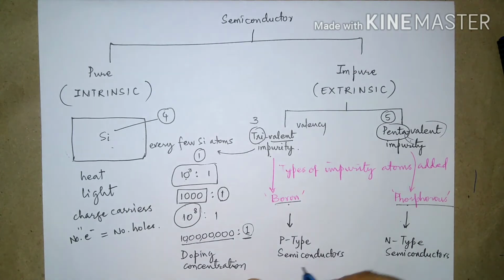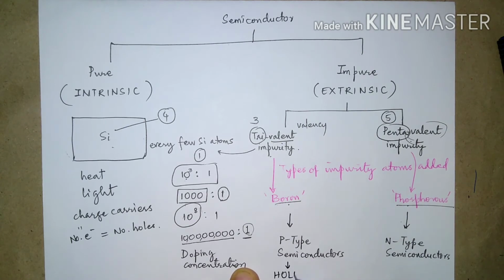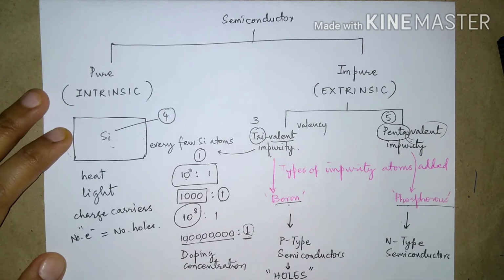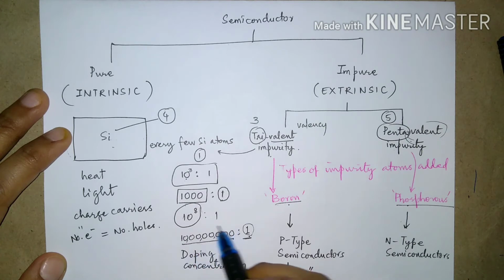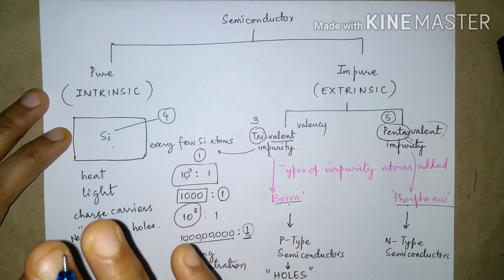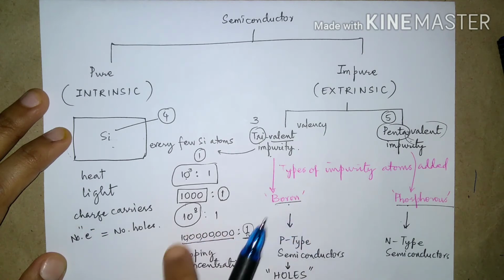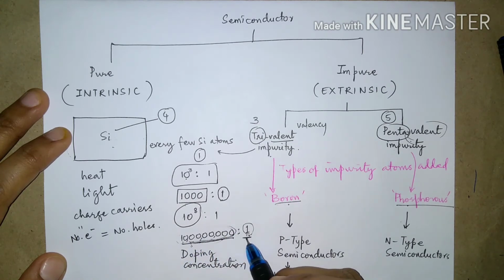Okay, p-type semiconductors have holes. We are clear that for every boron atom added, I am injecting one hole. That means one hole is extra, no matter how many atoms there are. So for 10 crore silicon atoms, one hole is extra in it.